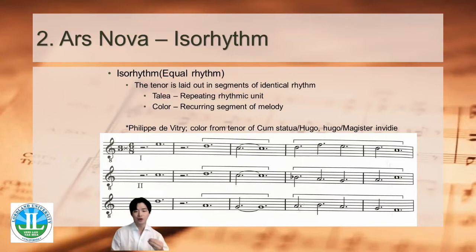Most are in three voices with Latin text, probably written by Vitry himself. His motets use a device modern scholars have called isorhythm, in which the tenor is laid out in segments of identical rhythm. This extends the practice we observed in Notre Dame clausulae and the 13th century motets, where the tenor often repeats a rhythmic pattern and may also repeat a segment of a melody.